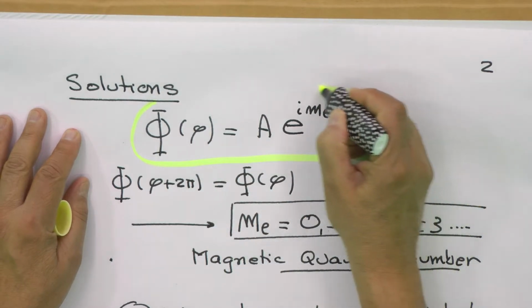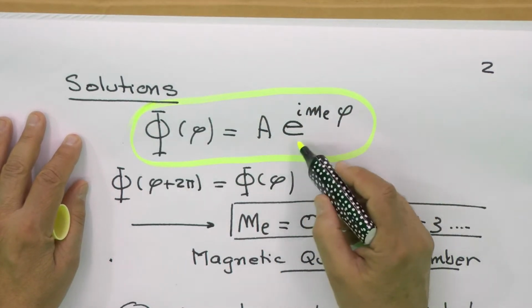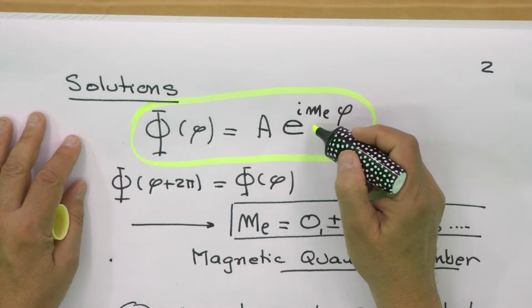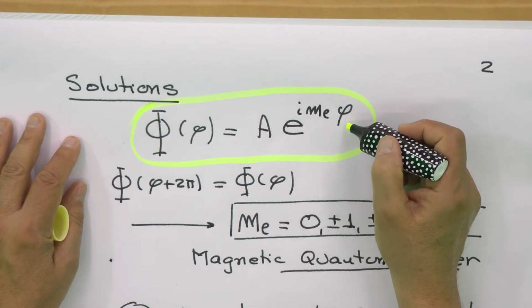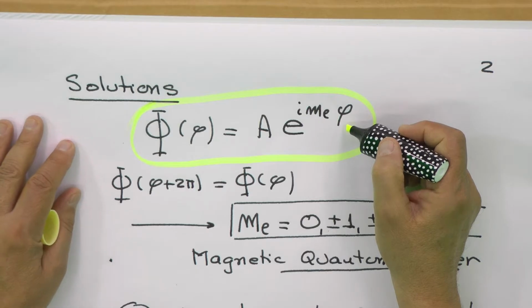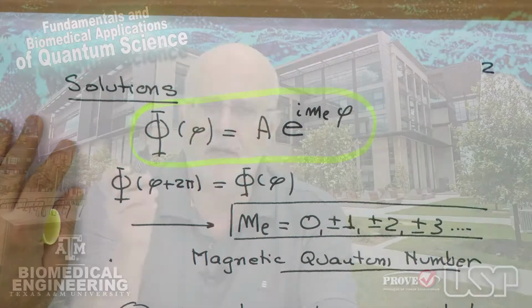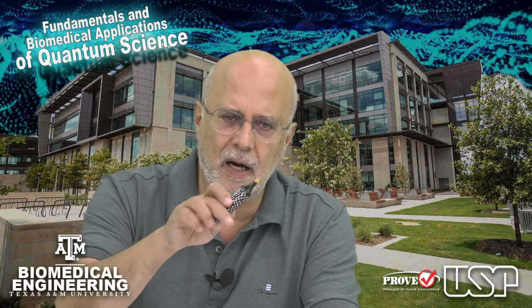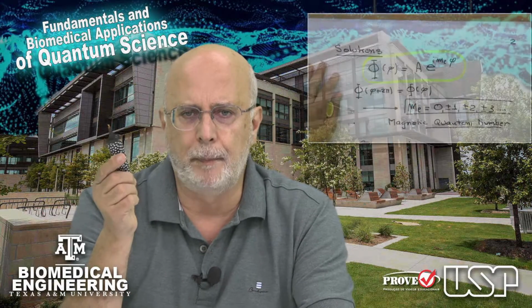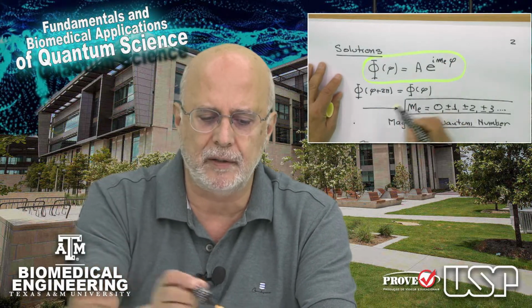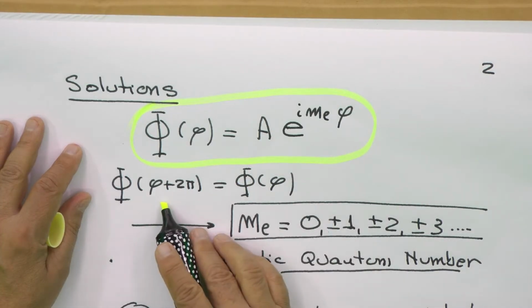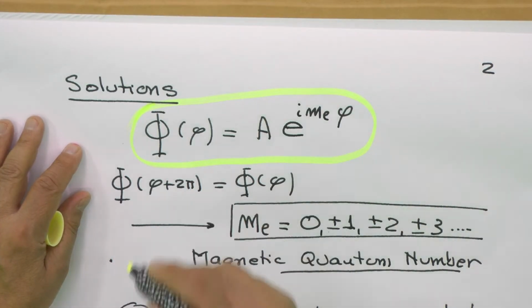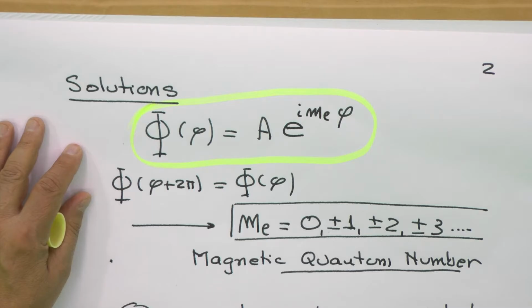Phi has to be like a constant times the exponential of i m_l phi, right? Because if I take phi and I give a turn of 2 pi, I get back to the same point. So I need a solution that repeats itself each time I add 2 pi to the angle.